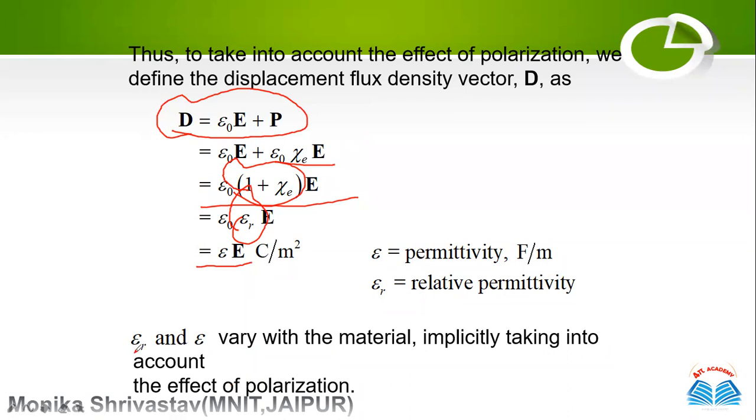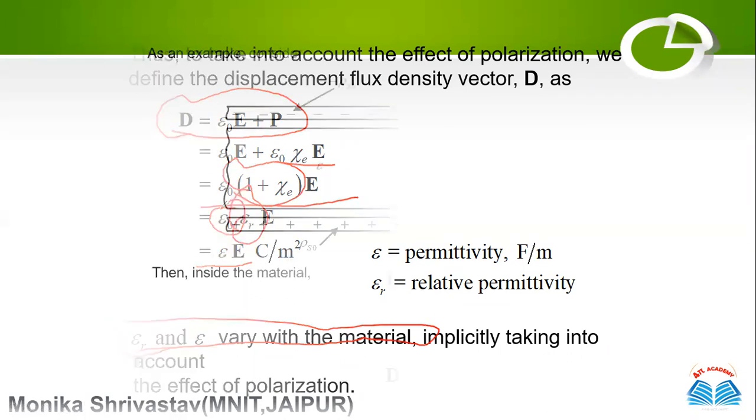Epsilon r and epsilon vary with the material. Please keep in mind, in the exam the value of epsilon r or epsilon will be given, but epsilon naught is constant, with the value 8.85 times 10 to the power minus 12. You know the numeric value.